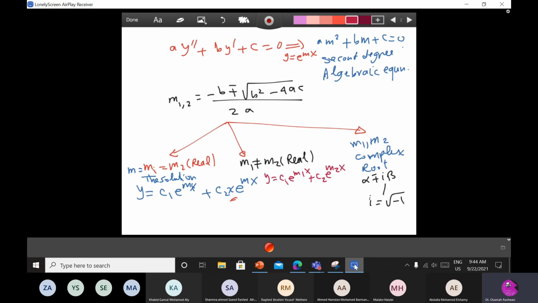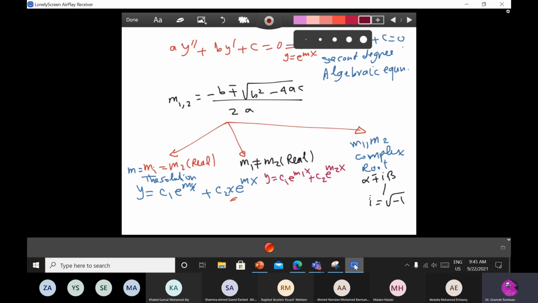You have two constants here because you are working in a second order differential equation, right? When we did the first order differential equation, we had only one constant, right? Okay. Now, what about if you have a complex number?